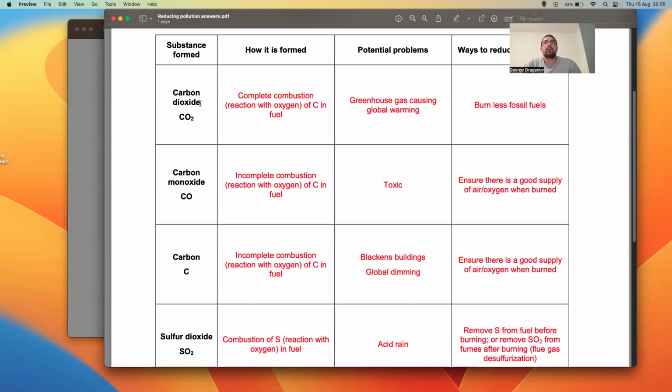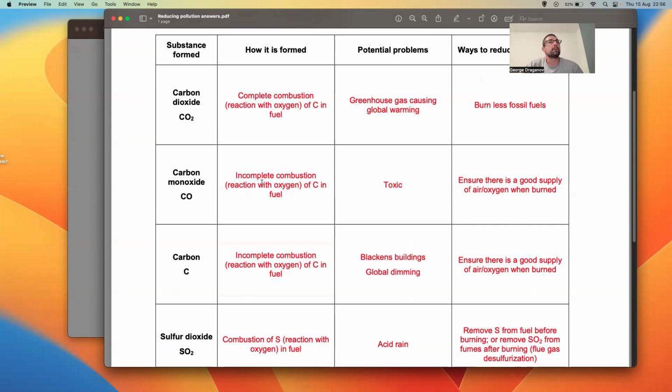So CO2 is a greenhouse gas, so obviously the global warming is the problem with it, which then obviously leads to rising sea levels, extreme weather events, stuff like that, melting of the ice caps. So the way to reduce the problem is to simply burn less fossil fuels. So use less petrol and diesel cars, for example.